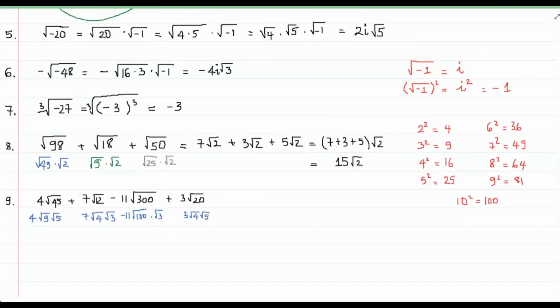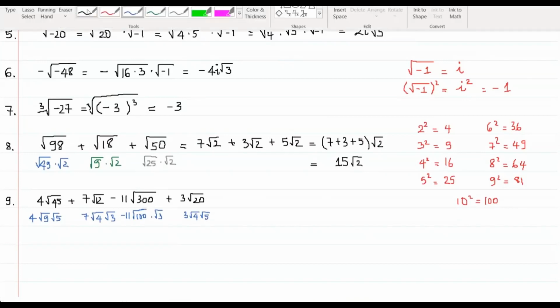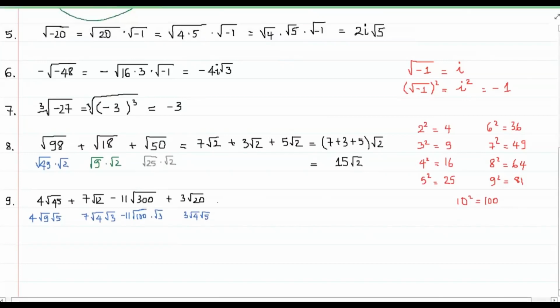Okay. Now we can do 4 times the square root of 9, which is 3. So 4 times 3 is 12 square root of 5. Okay.